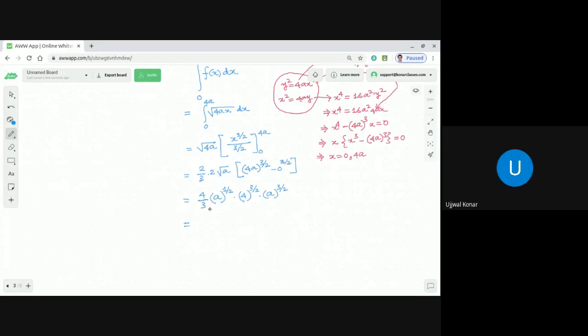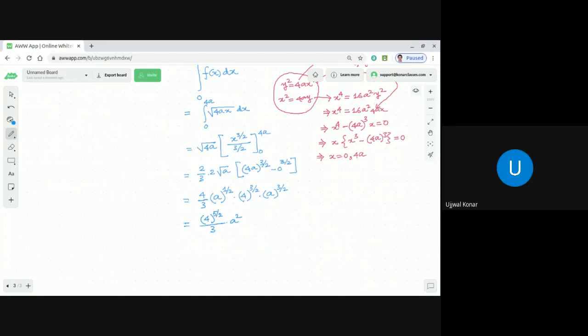Sorry, it should be 4 to the power 5 by 2, divided by 3, into a to the power 1 by 2 plus 3 by 2, that is a square. Correct or not? Yeah.